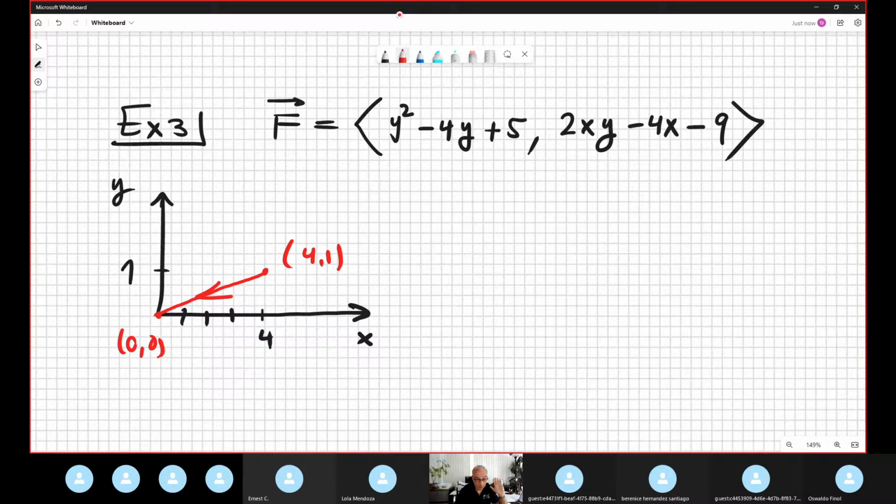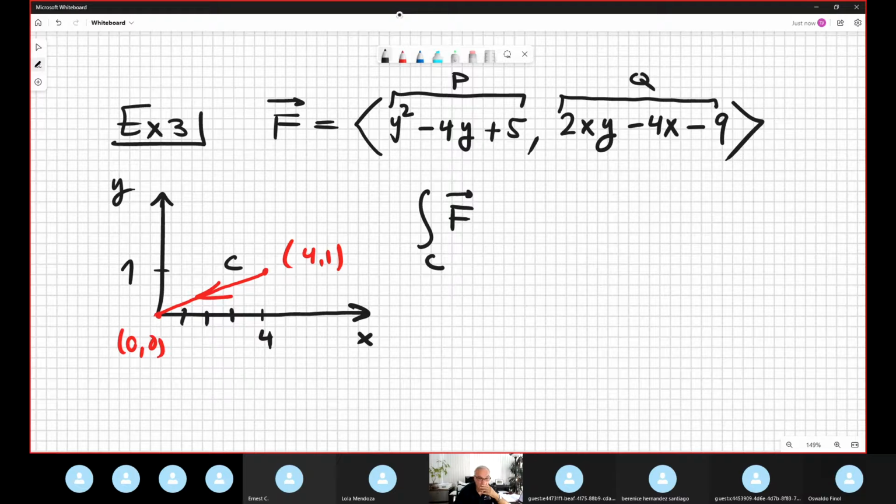Okay, this is given. I want to perform the circulation, the integral, and the curve C gets this, of the vector field gets this guy. Horrible. By the way, this guy P, and this guy Q, dot product dr. Circulation first.